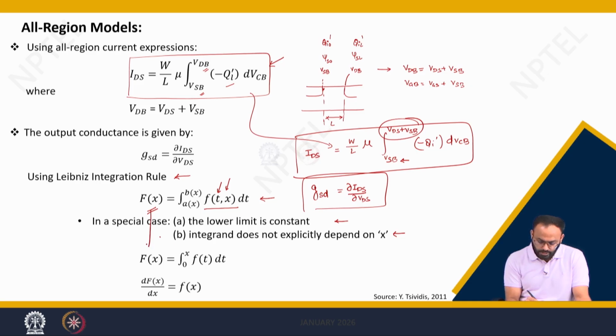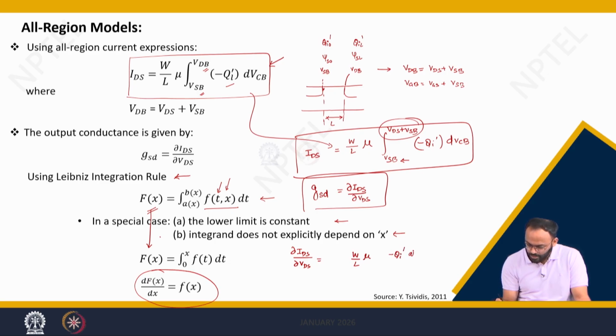So if f(x) equals the integral from 0 to x of f(t) dt, I can simply find the derivative of f(x) as f(x). So calculating the derivative of IDS with respect to VDS will give W by L into mu, which is constant, times minus QI dash measured at VDS plus VSB. That is the meaning of this Leibniz rule.